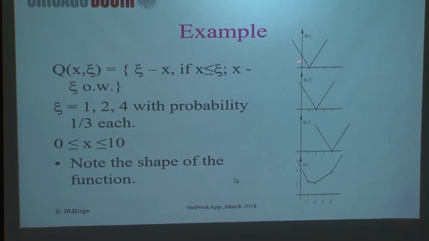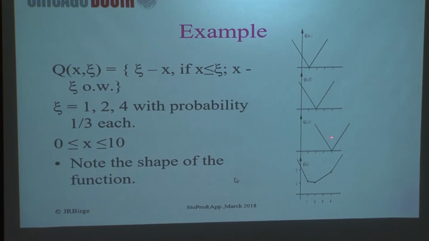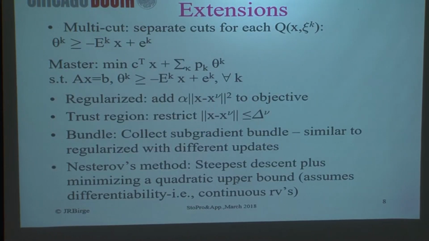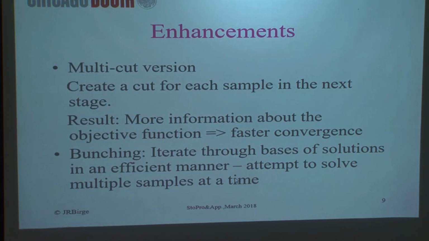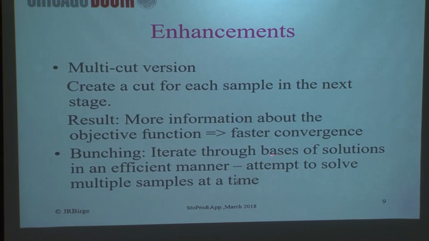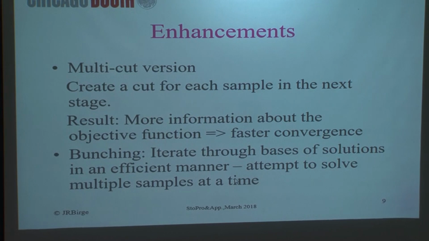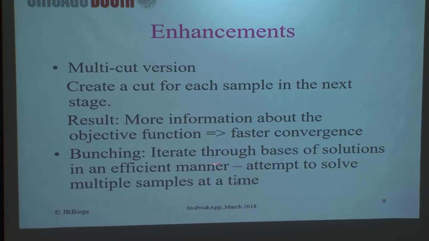So once I had a solution to one of these problems, I'd like to be able to use that solution in these other problems. Well, you can use the basis information. So the bunching method says, I get the basis from one problem solution, and then I just see whether that basis is optimal for all the other problems. So instead of repeatedly solving it, you just check optimality. You just go and say, here's this basis, is it optimal for all the others? And then you don't have to solve them.